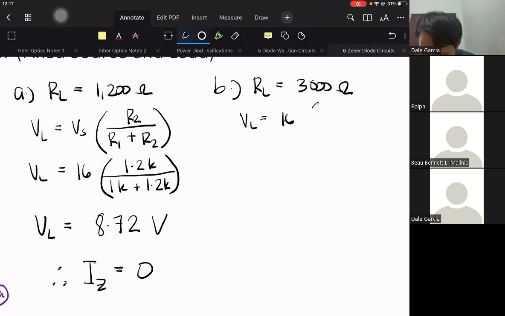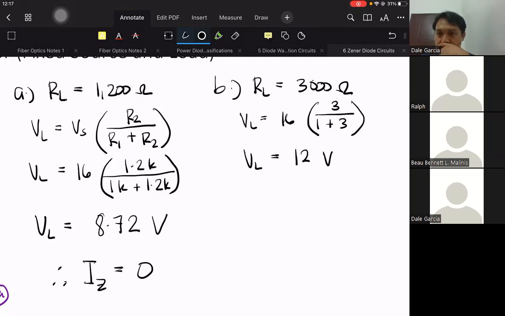So 16 times 3K over 1K plus 3K. 12 volts. It's 1/4 and 3/4. 12 volts, correct? Right?